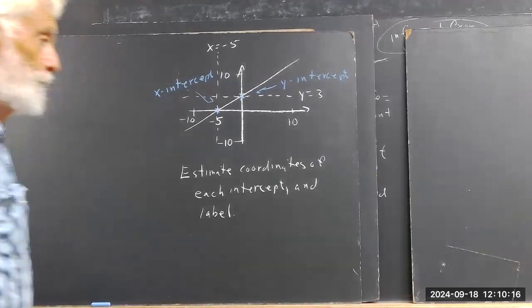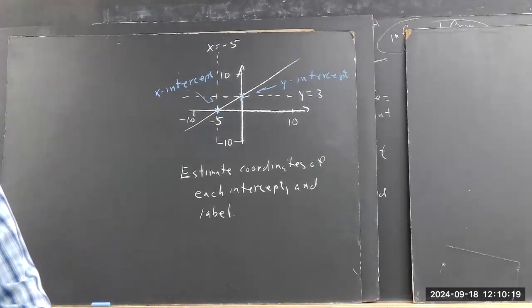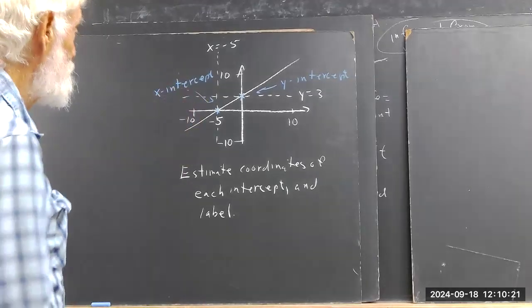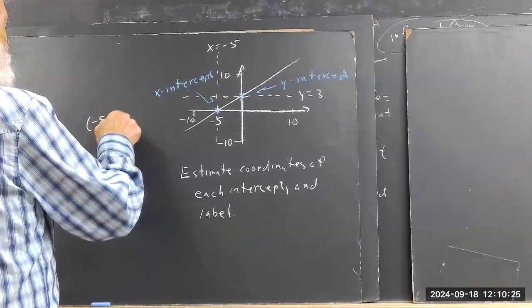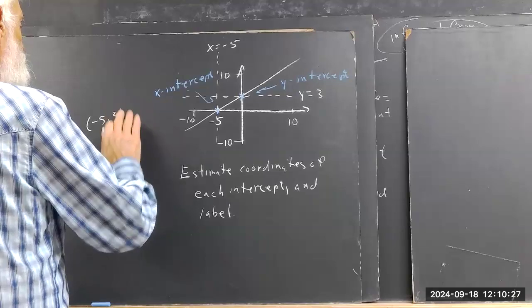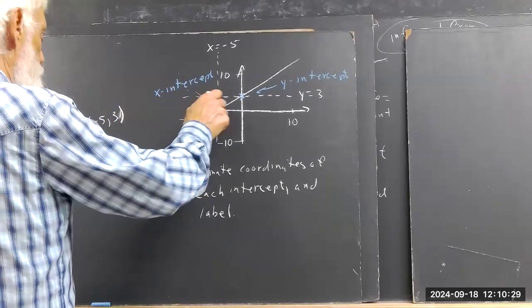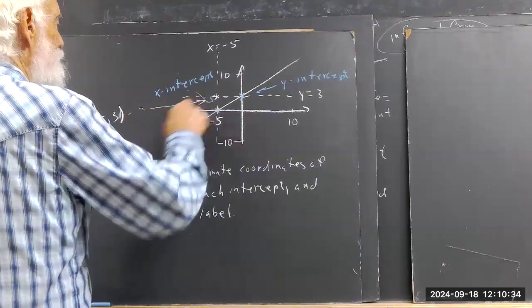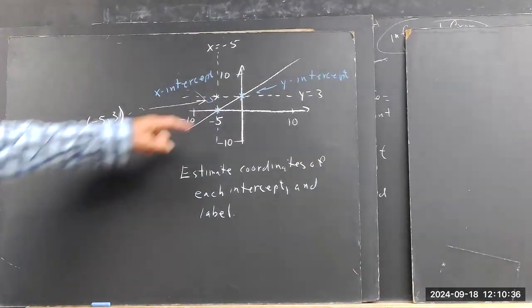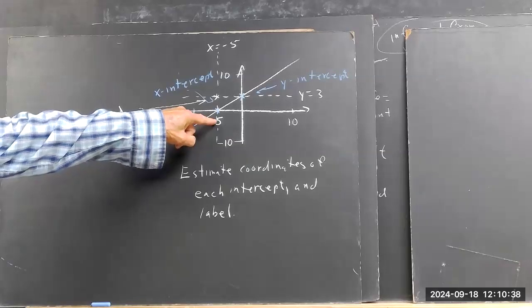People will naturally do what we just did a minute ago, and list the coordinates as -5, 3. Well, -5, 3 is a good coordinate that corresponds to these lines. So you're thinking, okay, is that the x-intercept?